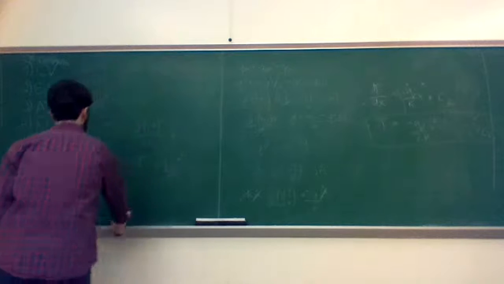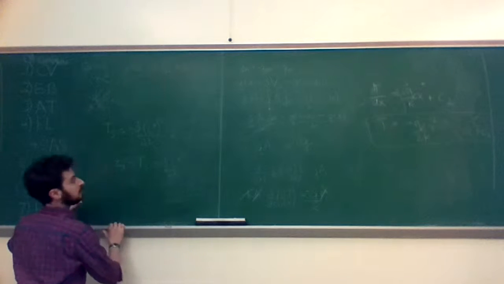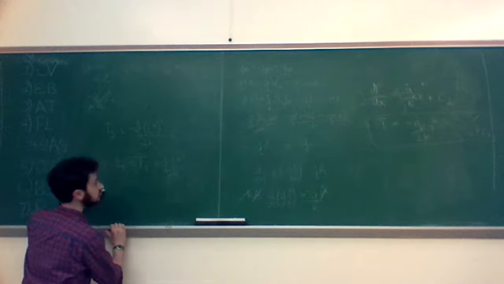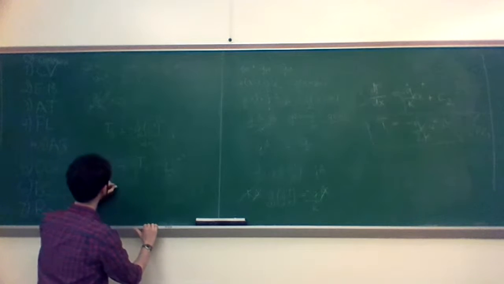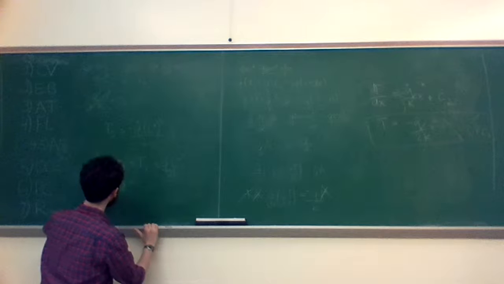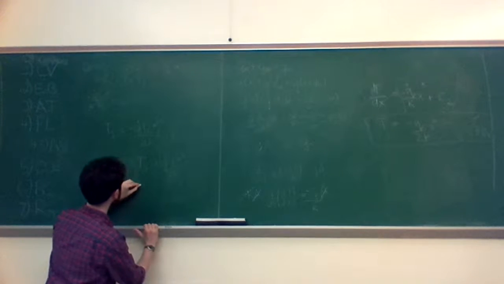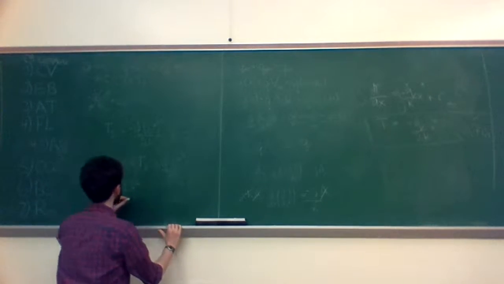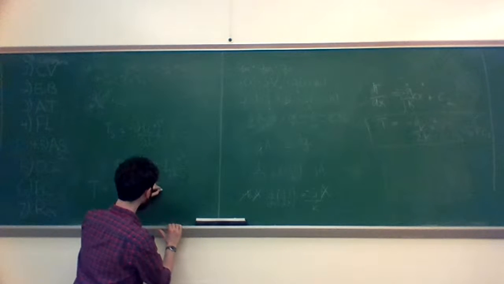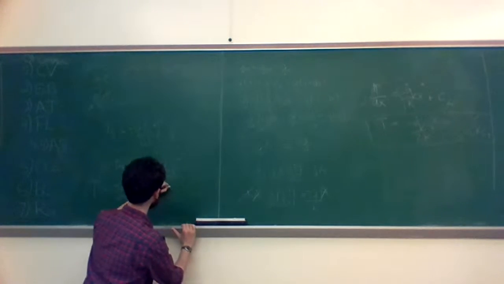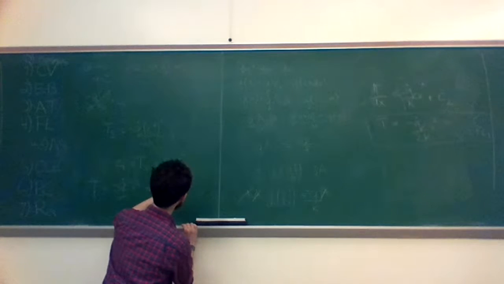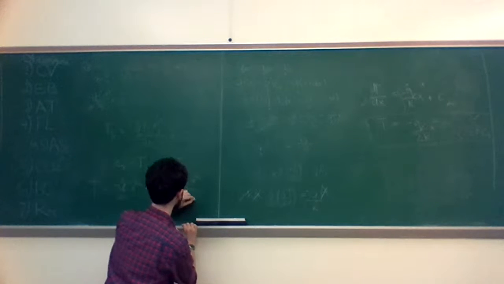So now we'll write our final temperature distribution. T equals negative q dot over 2k x squared plus C1, which is TS plus q dot L star squared over 2k.